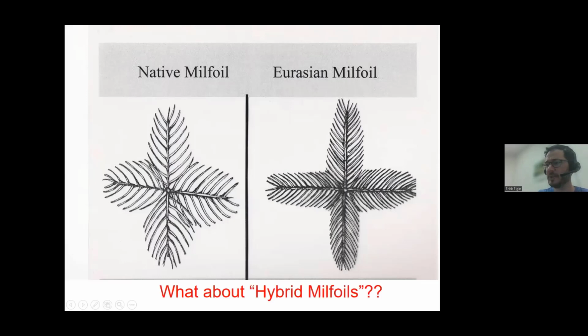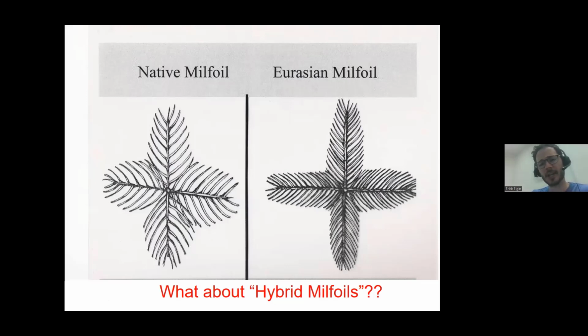Compared to Eurasian, of course, to make things difficult, these plants need to make things difficult by hybridizing with one another. Eurasian milfoil hybridizes with our native northern water milfoil, and those are pretty much impossible to identify botanically. You have to have it genetically tested.